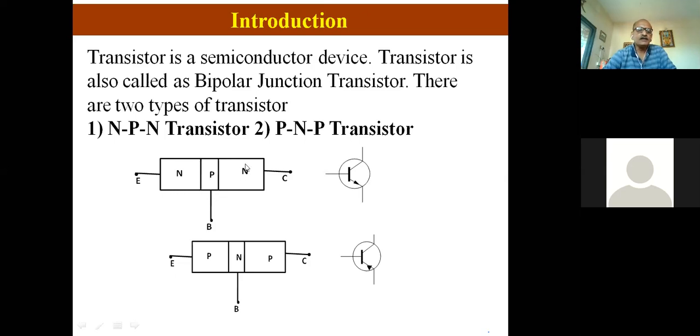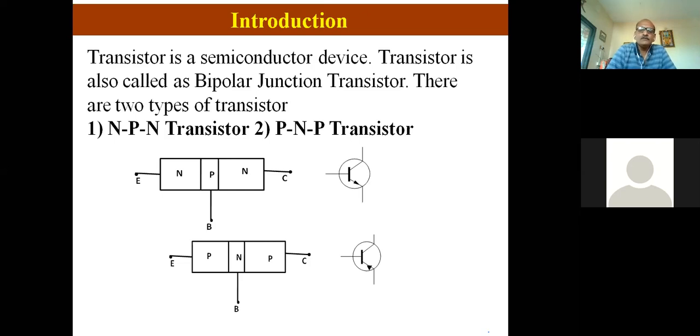The emitter region and collector region are made using the same material, but the collector region is made large as compared to the emitter region in order to dissipate the heat. To dissipate heat, what is done to the collector region? It is made large. This is the physical property.